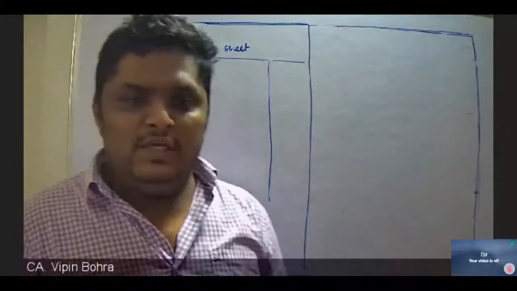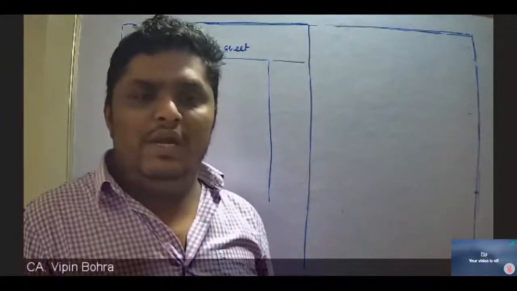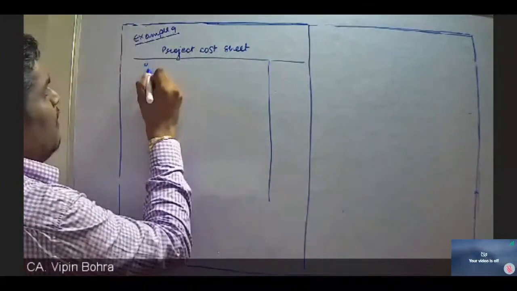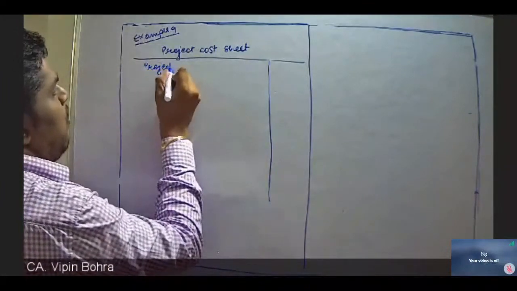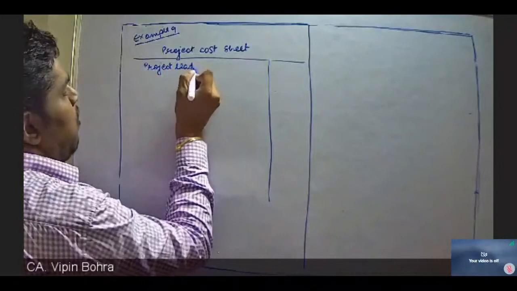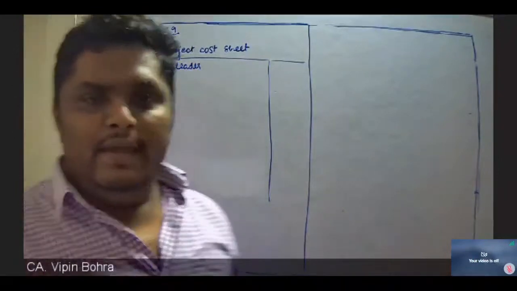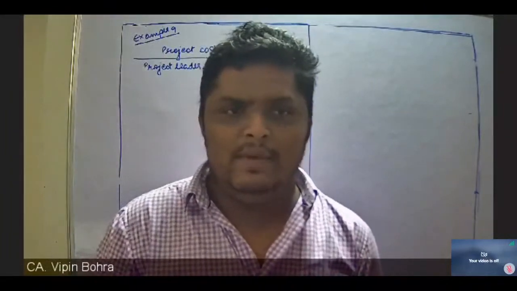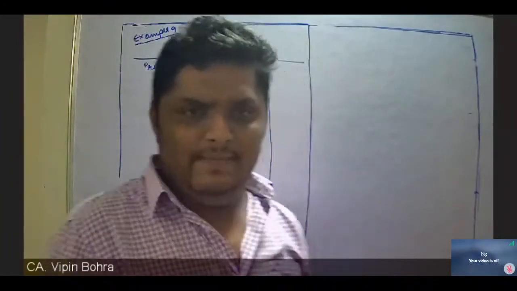So first point, project duration is 6 months, only one project leader. Now see, in the question given, salary to project leader, total number is 2 persons, 9 lakh.